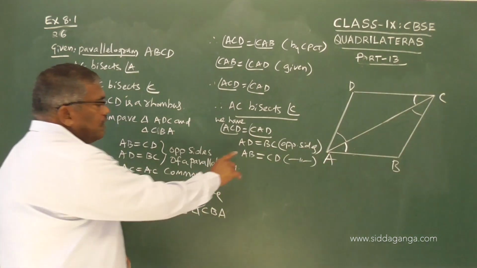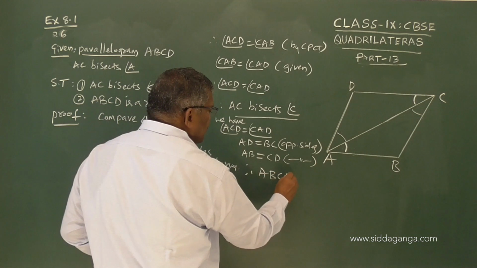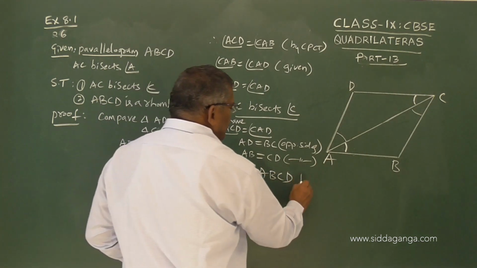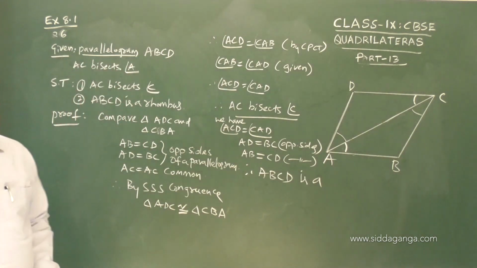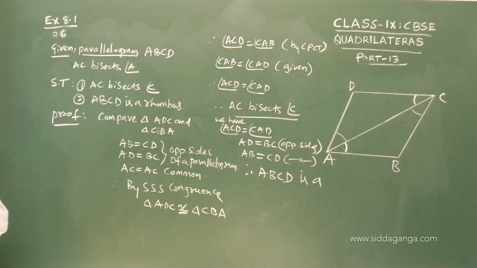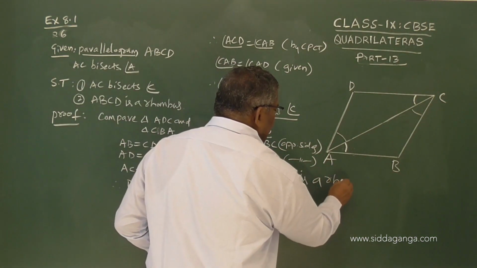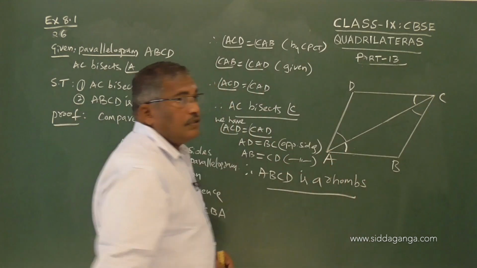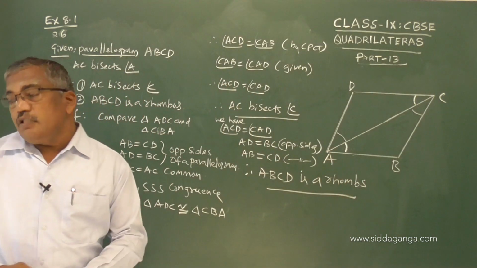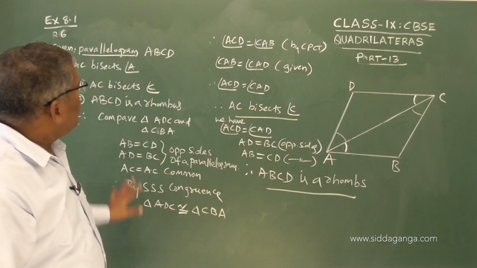So with this data we can say therefore ABCD is a rhombus. ABCD is a rhombus.